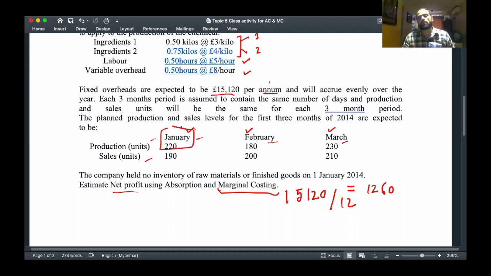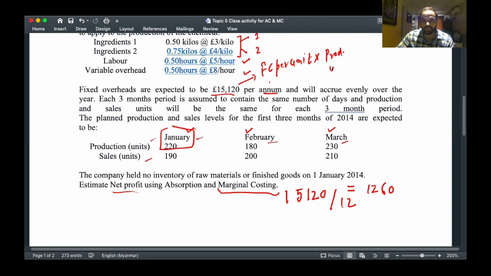So now remember one thing. Every time, I think you convert this fixed cost into per unit, and then you multiply by production units, right?